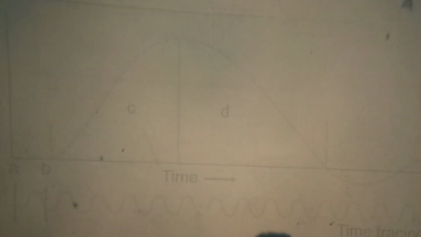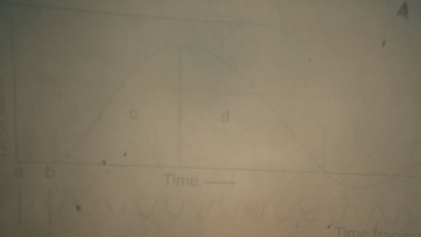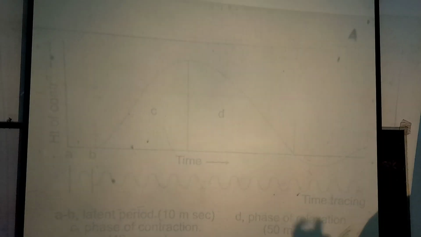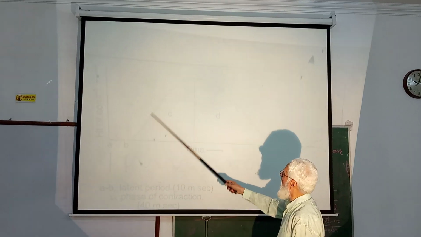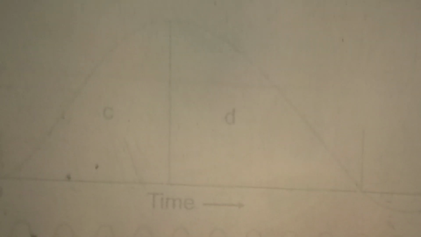Now, when action potential reaches the muscle, there is a brief contraction followed by relaxation. So, simple muscle twitch is a brief contraction followed by relaxation in response to the action potential.